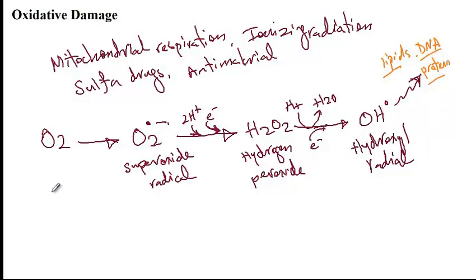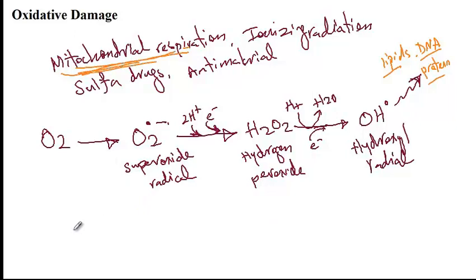Now, how can we fight oxidative damage that is induced by all these mechanisms? Because mitochondrial respiration is part of the requirement for aerobic respiration and energy production in mammals and all other aerobic organisms, we have different enzymes that help break down these molecules.